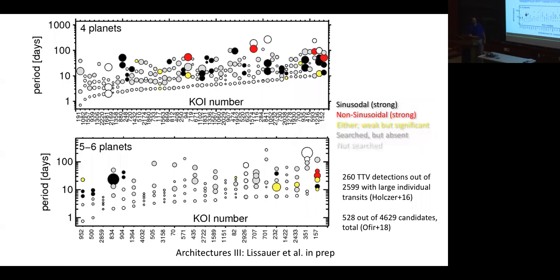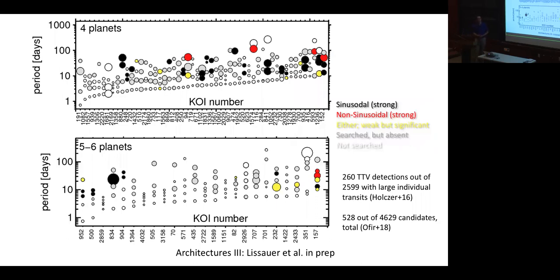So the statistics are 260 transit timing detections in the Kepler data out of 2,599 attempts in this Holczer paper. And then another paper tried even for the ones that don't have an individual transit that's very deep, but they phased together lots of transits and looked for sinusoidal variations. So that one found a rate a little bit higher than 10%.